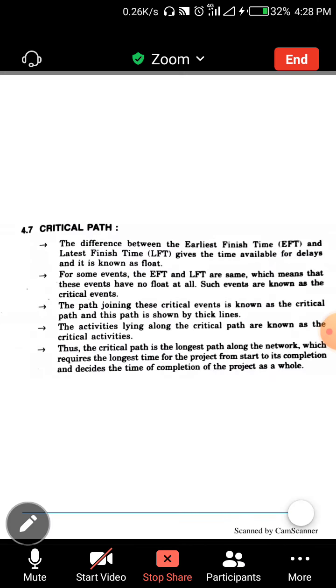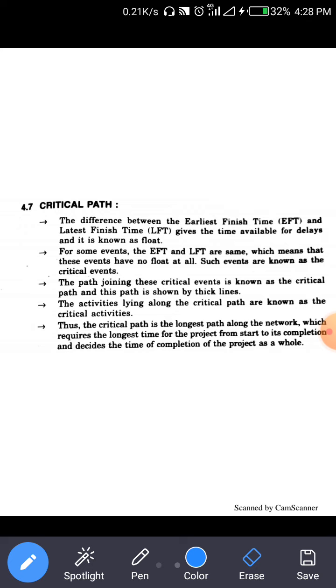Now the next topic is the critical path. The difference between the earliest finish time and the latest finish time gives the time available for a delay and is known as float. If the EFT and LFT of an event are the same, this is an important point, then these events have no float at all.